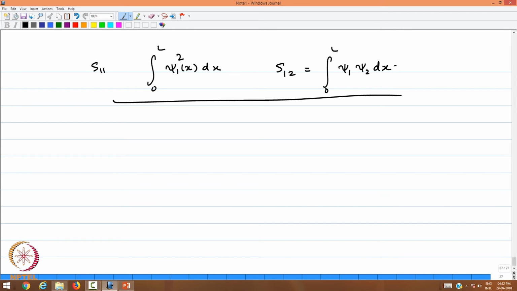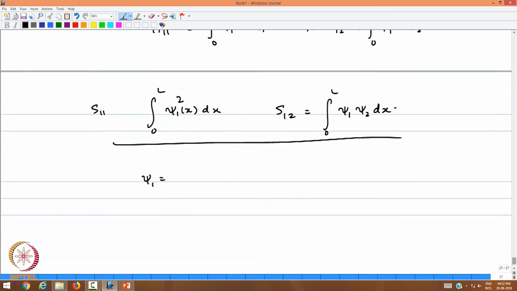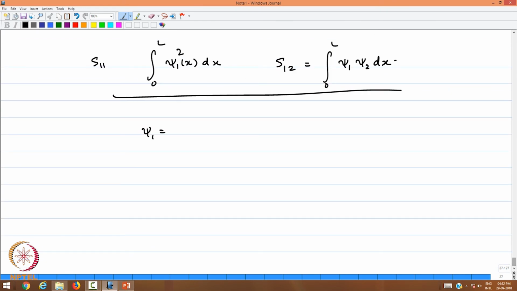All these functions are extremely simple, namely psi 1 is x square into L minus x. Therefore, let us just do one element calculation.